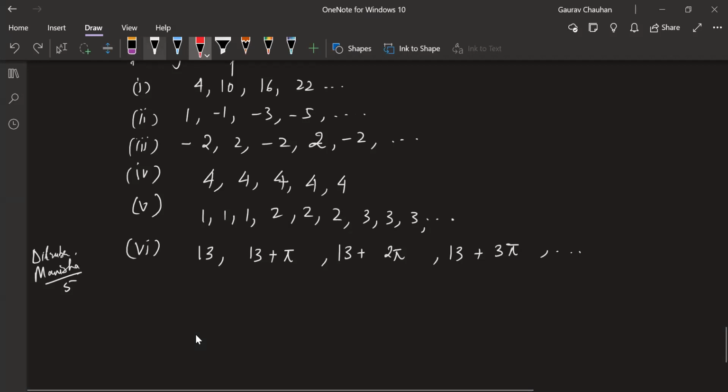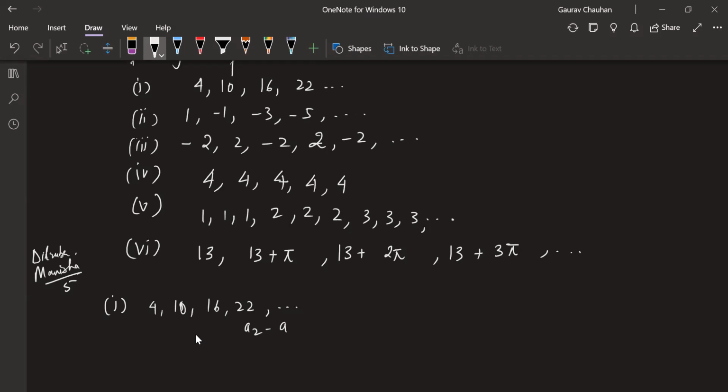Okay, so the first one we're going to do right now. I'm going to write the proper steps for it, and I want you to follow that here. In the first question, that's 4, 10, 16, 22, and so on. A2 minus A1 is equal to 10 minus 4, which is equal to 6. A3 minus A2 is equal to 16 minus 10, which is equal to 6. A4 minus A3 is equal to 22 minus 16, which is equal to 6.